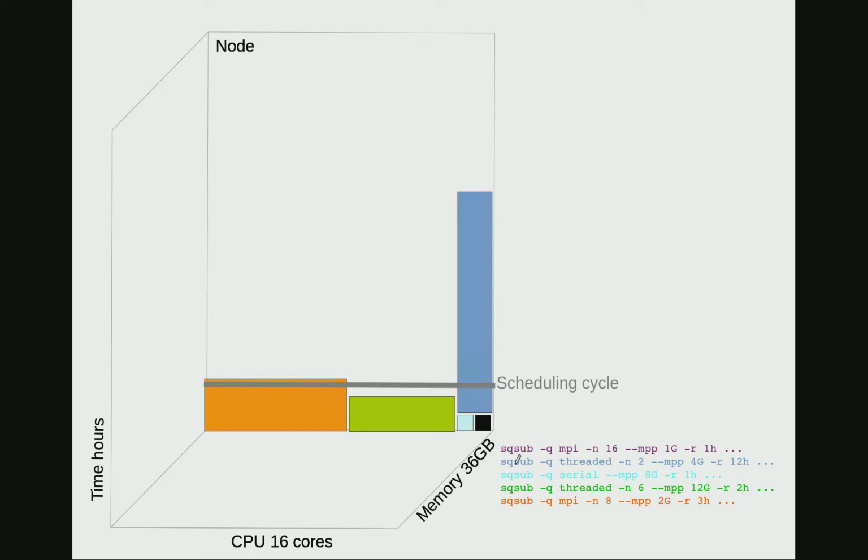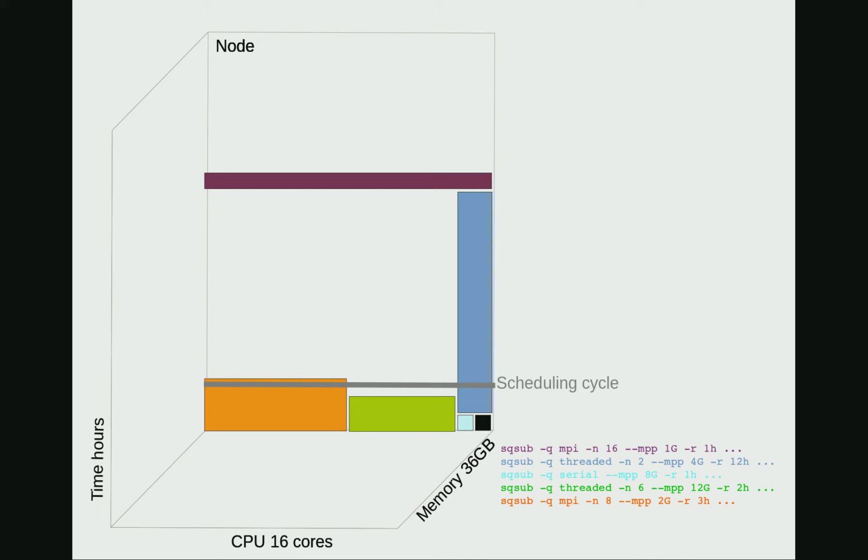So a user submits a job for MPI, and 16 cores. So this job will require the entire node. It'll look something like this, and if this is a high priority job from a user, that's the earliest that it can happen, and it will be sitting up there waiting in the queue.